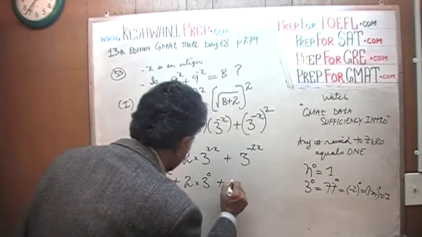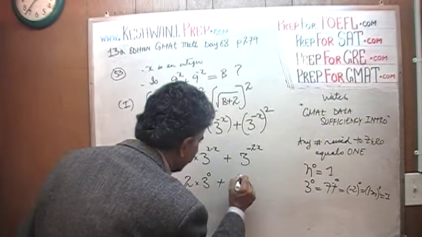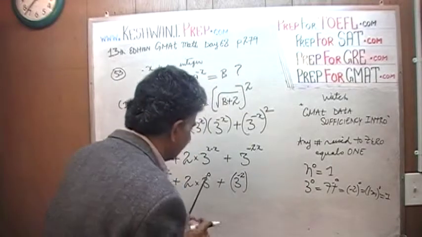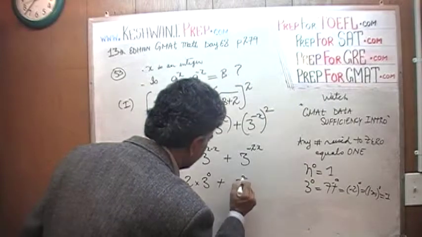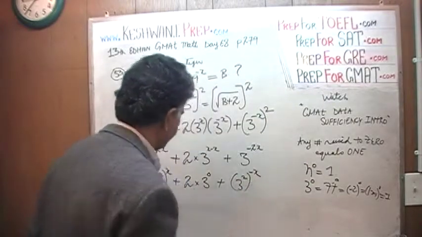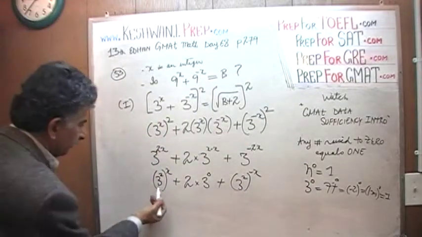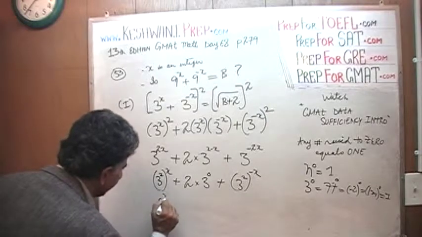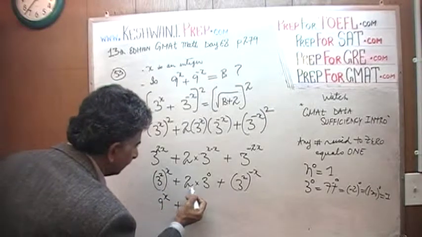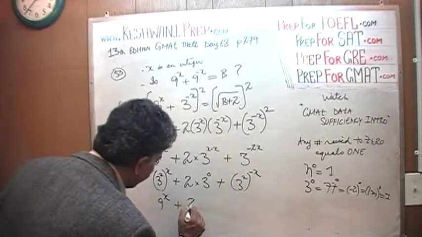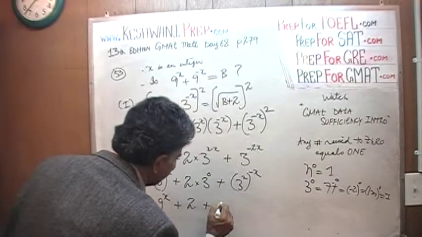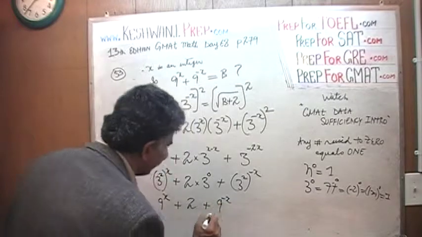And this is 3 raised to 2 times negative x. 3 squared is 9, so this is 9 raised to x plus 2 times 3 raised to 0. 3 raised to 0 is 1, so it's just 2 times 1, which is 2, plus 9 raised to negative x.